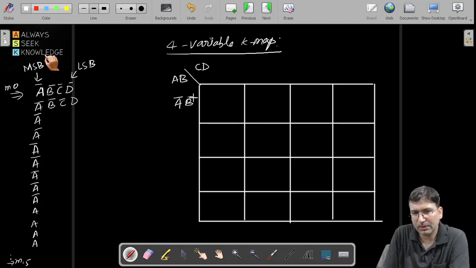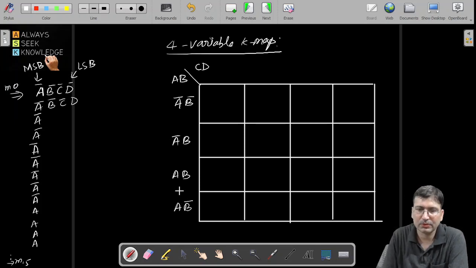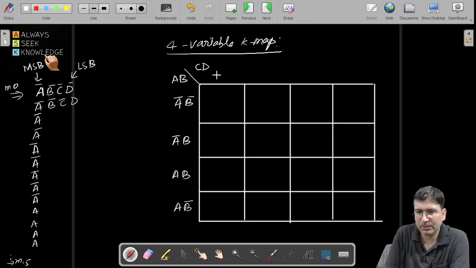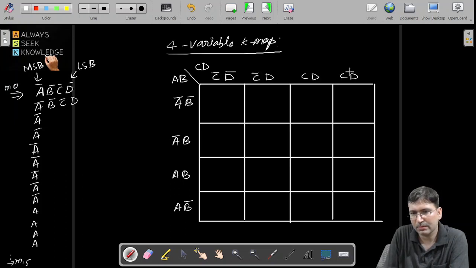So A bar B bar, then A bar B, then AB, and then A B bar, so that every adjacent cell will differ by 1 bit only. Similarly, the same combination here: C bar D bar, C bar D, then CD, then CD bar, right?